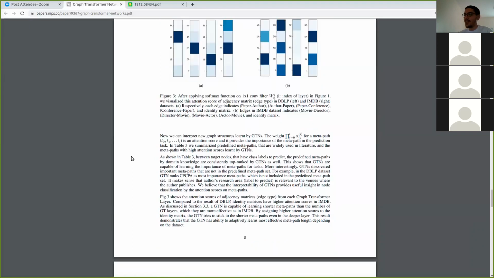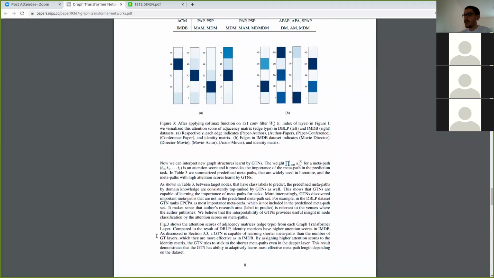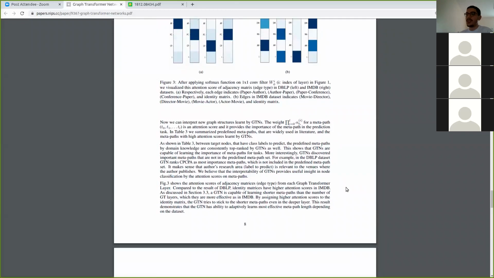No? Okay. So the figure here shows the attention scores for the edge types. There's a point here: by assigning higher attention scores to the identity matrix, the GTN tries to stick to shorter metapaths, even in the deeper layers.